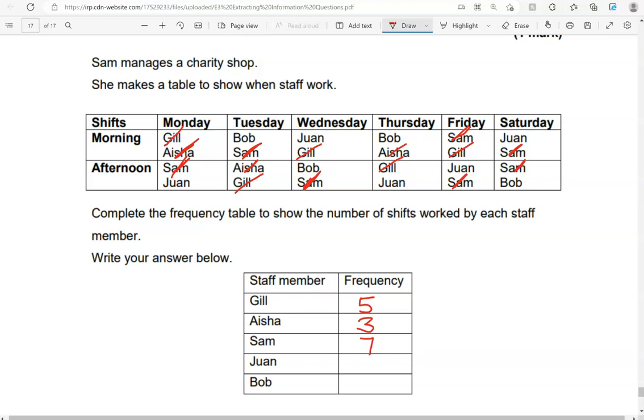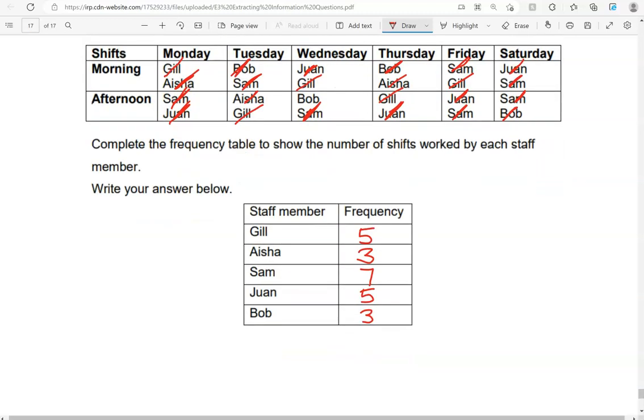Juan, we've got 1, 2, 3, 4, 5. Bob, we've got 1, 2, 3. Let's add these.